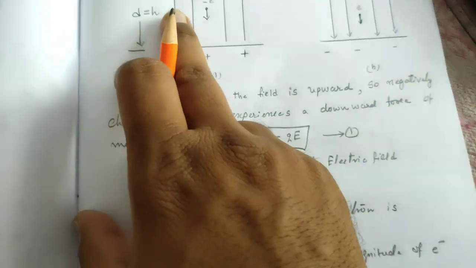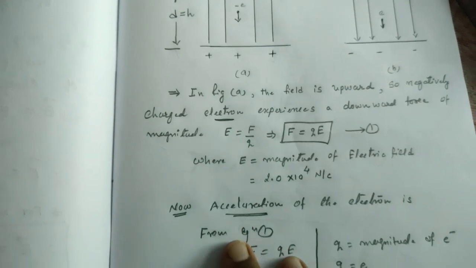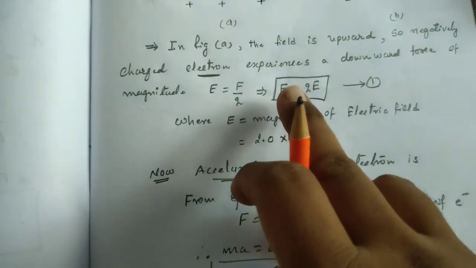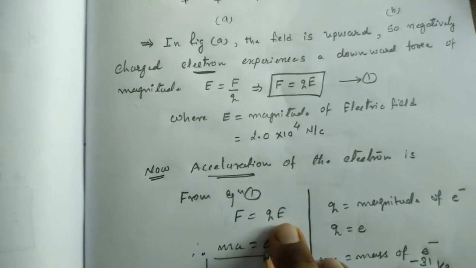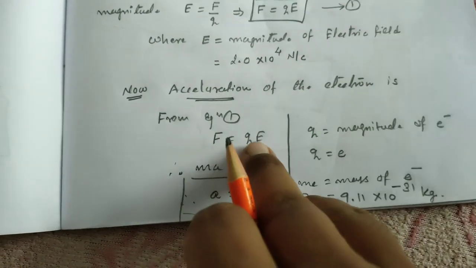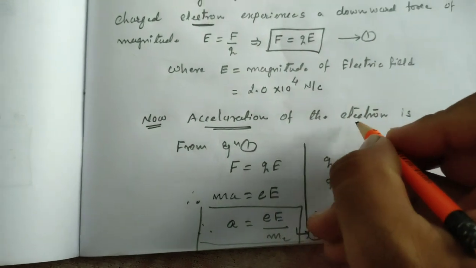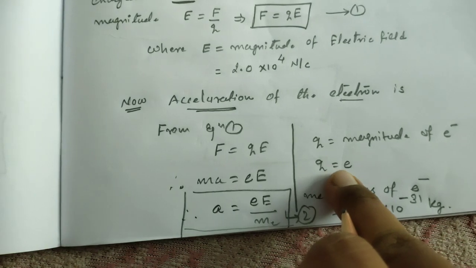Now since it is falling, it accelerates, so we have to find the acceleration of the electron also. By using equation 1, we have F equal to QE. Here F equal to ma, that is a basic equation, and for Q we are using the electron charge, so Q equal to e.